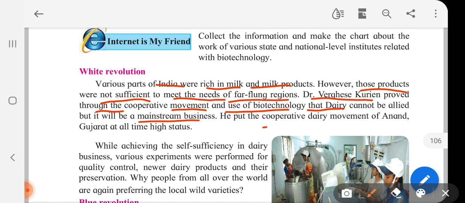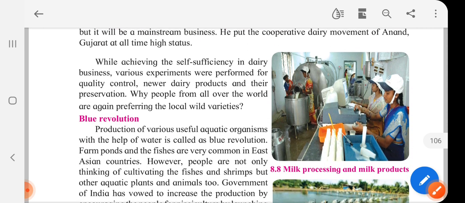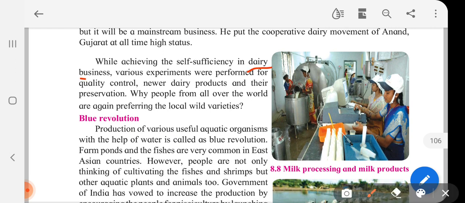He put the cooperative dairy movement of Anand, Gujarat at an all-time high status. While achieving self-sufficiency in the dairy business, various experiments were performed for quality control, newer dairy products and their preservation.